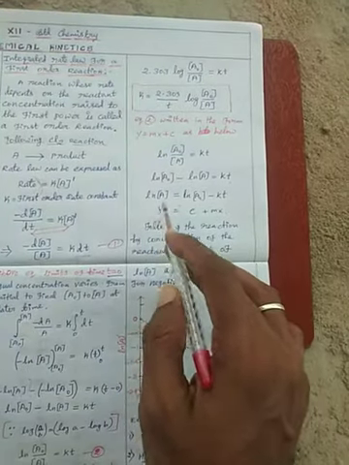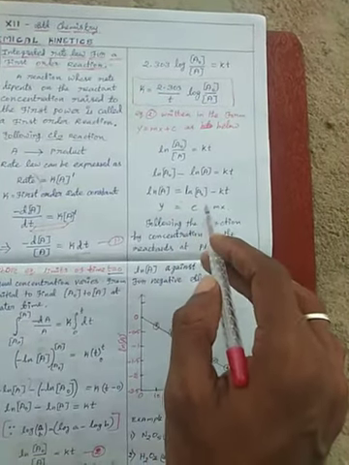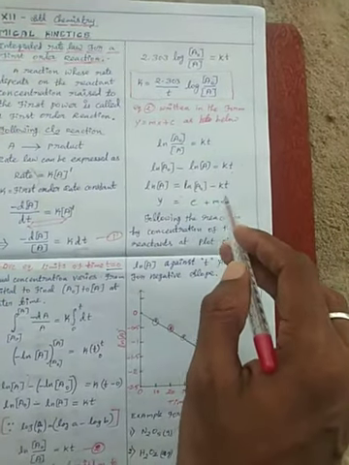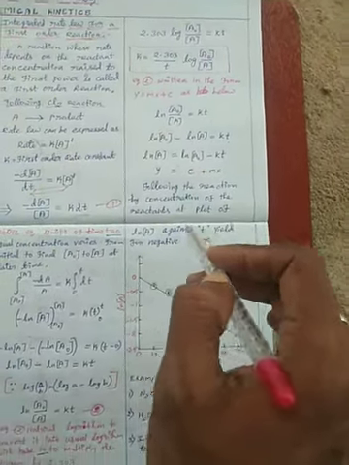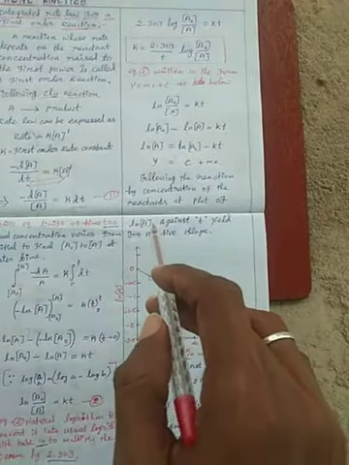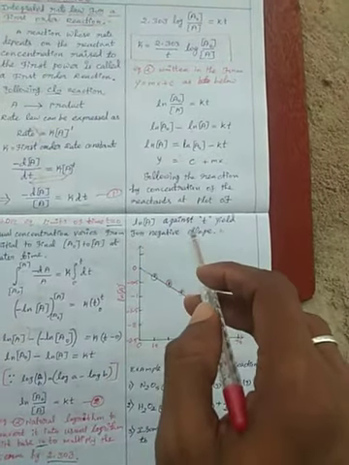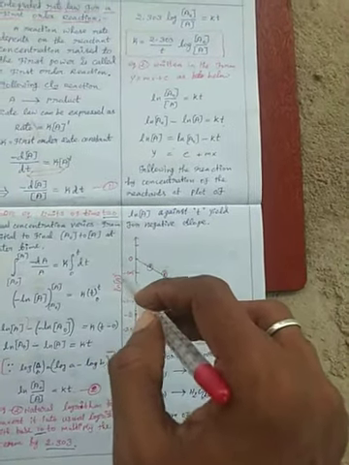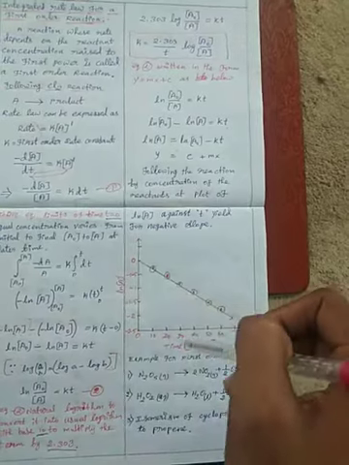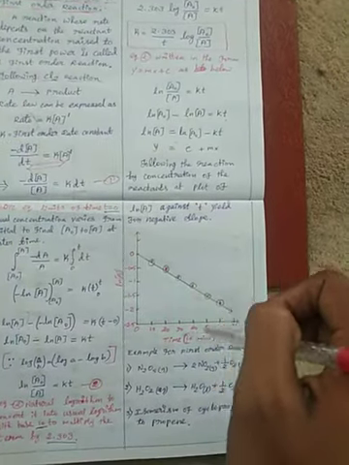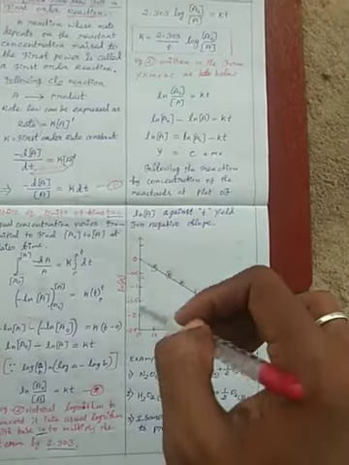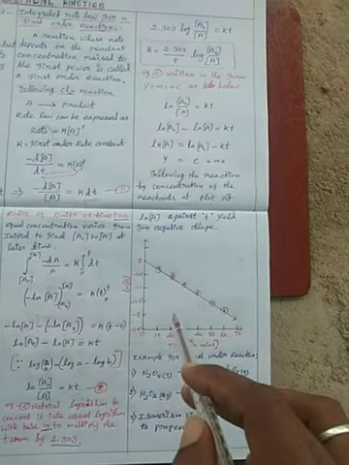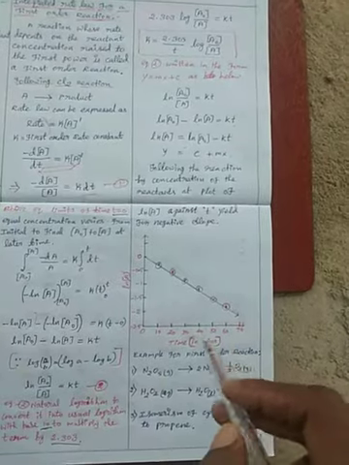That is the form y equal to c plus mx. Plotting ln A, the reactant concentration, against t on the x-axis gives a negative slope, a straight line of the form y equal to mx plus c.